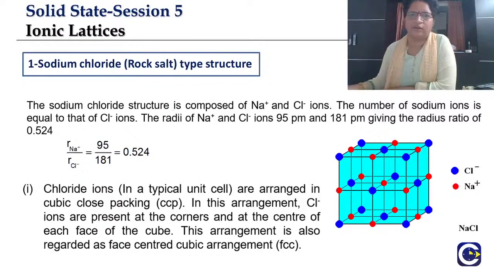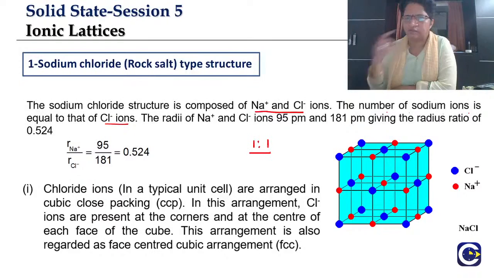The sodium chloride structure is composed of sodium ions and chloride ions. The number of sodium ions is equal to that of the chloride ions, because we are getting the ratio as 1:1. Let's also see how we are getting the ratio as 1:1. The radii of sodium and chloride ions are given as 95 and 181.